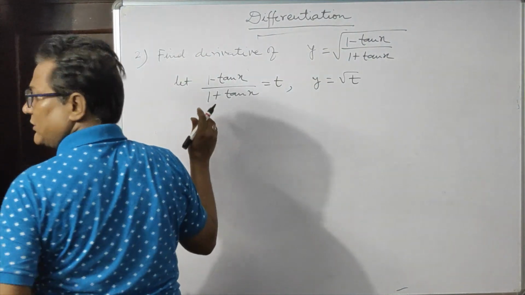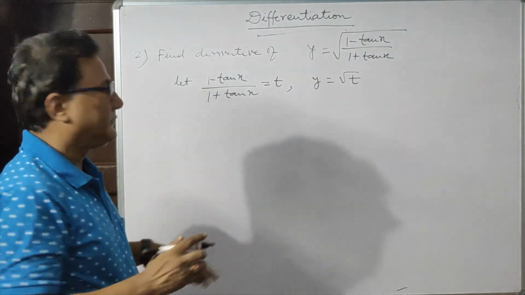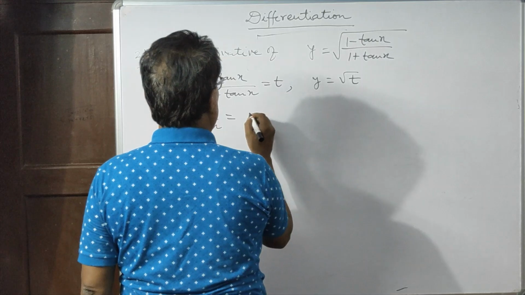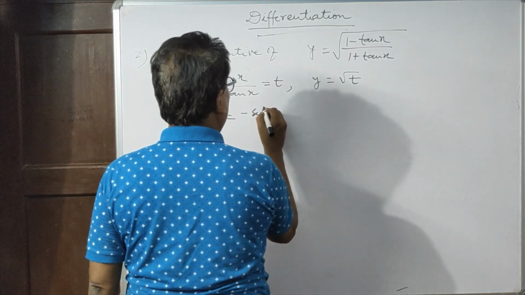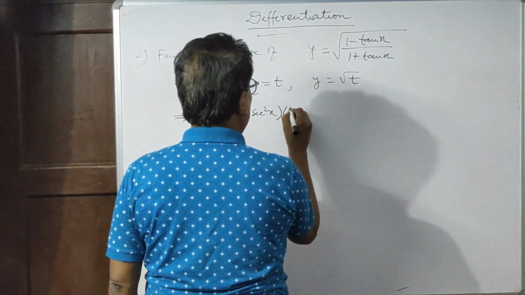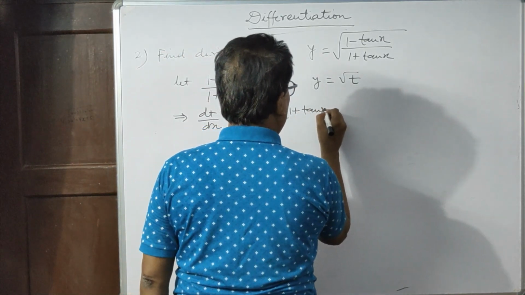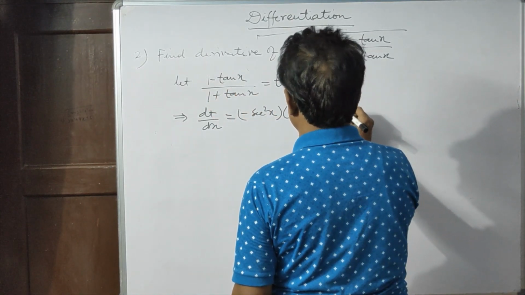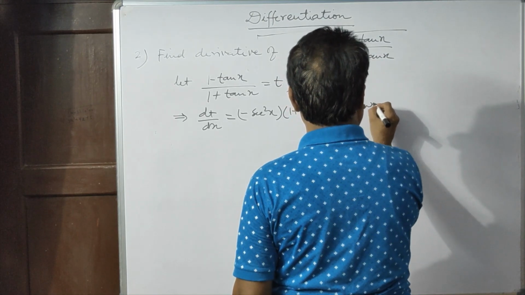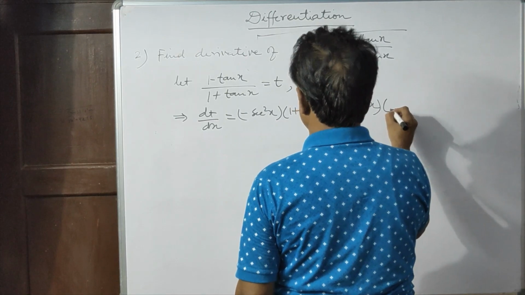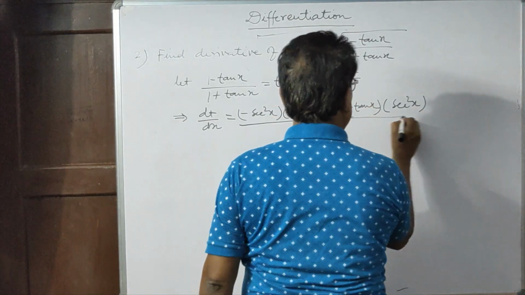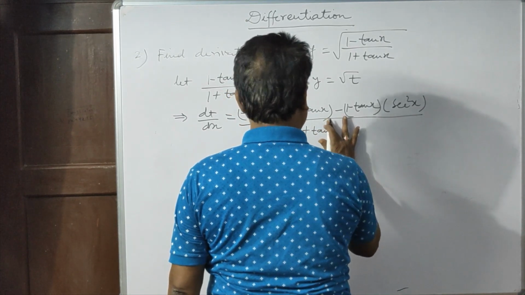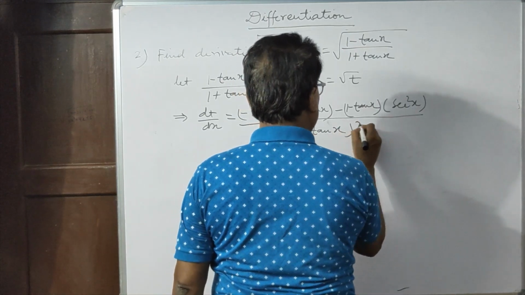Now we will find that dt by dx is equal to minus sec square x into 1 plus tan x minus 1 minus tan x into sec square x, divided by 1 plus tan x whole square.